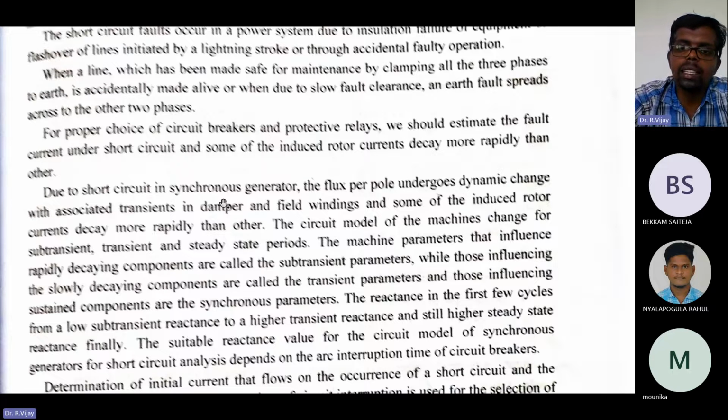Say, for example, a short circuit happening in the synchronous generator. Then the whole generator will get damaged, with the flux per pole undergoing dynamic change with the associated transients in damper and field windings. If there is any damage to the damper windings and field windings, the generator is very costly, no?